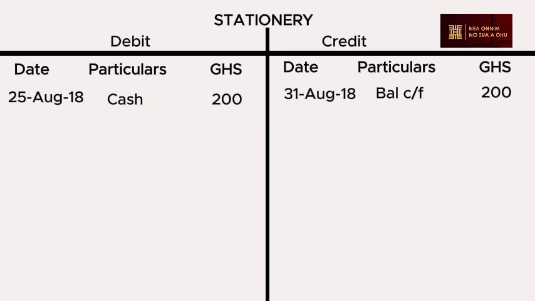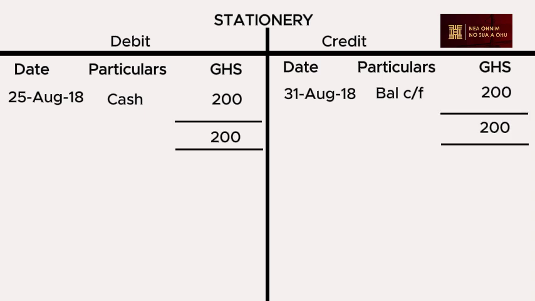We underline both sides, and the total is going to be 200 for both sides, and we double underline them. Then we are going to have the balance brought forward on 1st September being 200 cedis on which side? The debit side.